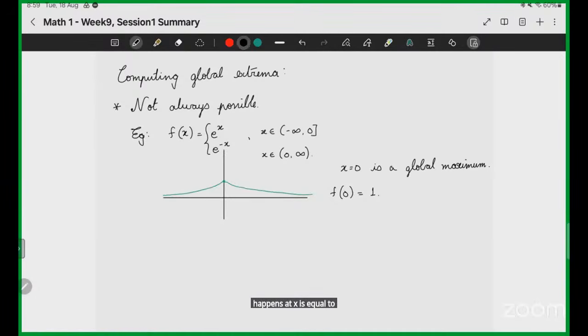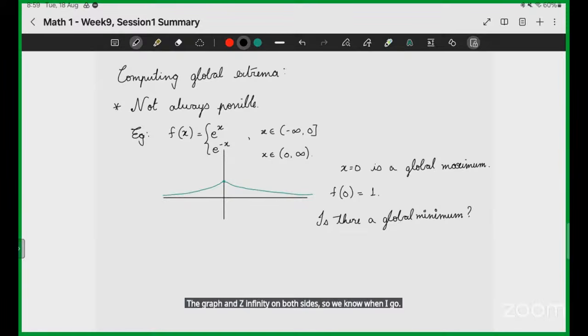But what about a global minimum? The graph ends at infinity on both sides, so no minimum.